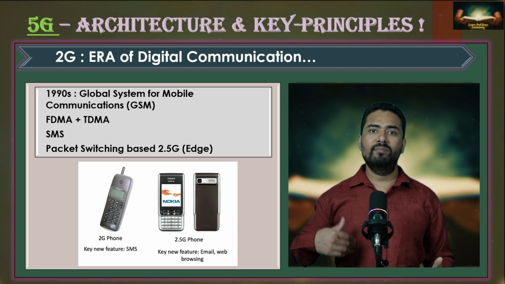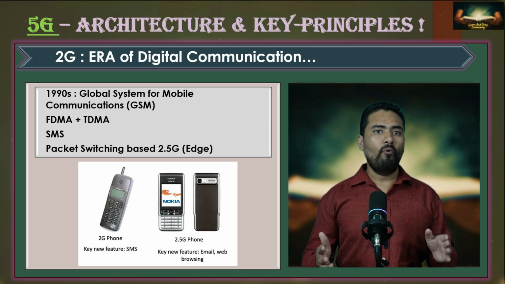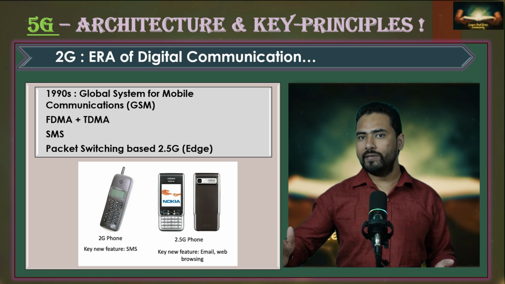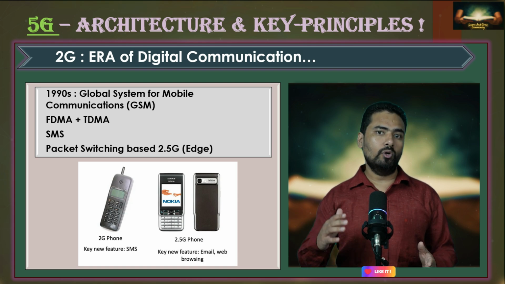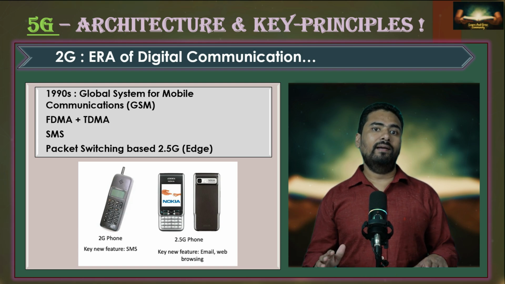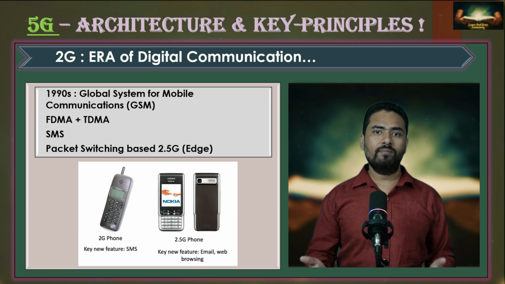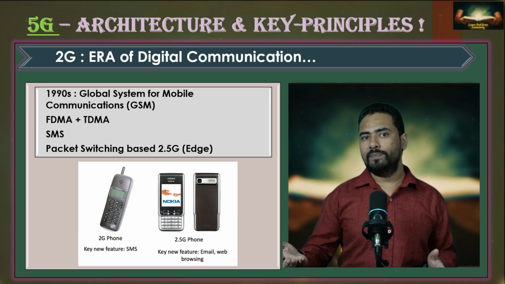TDMA, or time division multiple access, is the concept where different users share the same frequency resource but at different time slots. Those digital systems also supported new services like texting and even picture messaging, although at very low speeds.